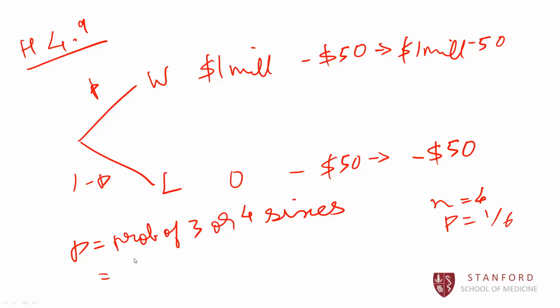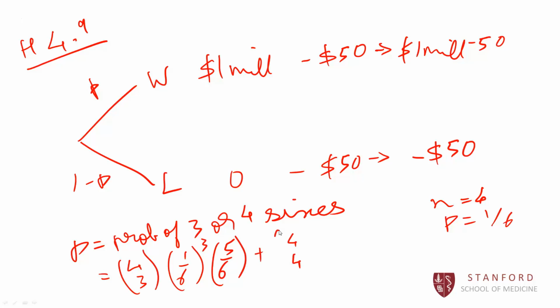So we get the probability of getting 3 sixes as 4 times 1/6 to the 3rd times 5/6. The probability of getting 4 sixes is 1/6 to the 4th. This gives us the total probability of winning as 0.0162.